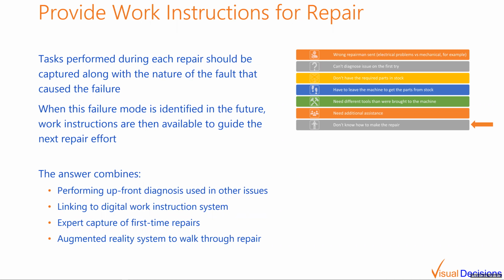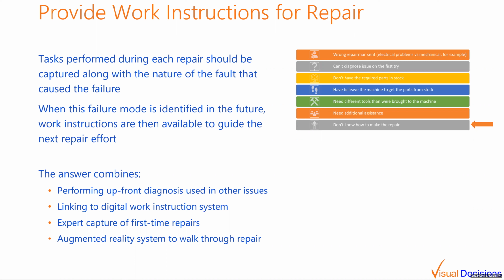And very similarly, they may not know how to make the repair. If they can, first of all, get that upfront diagnosis, that can link to a digital work instruction system. If this repair has been made in the past, you can start collecting a library. If you have augmented reality glasses, the first time you're making a new repair, you can capture that with the glasses.